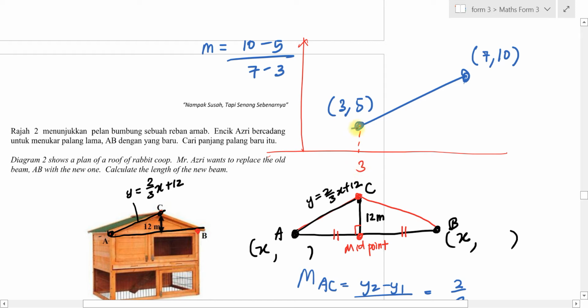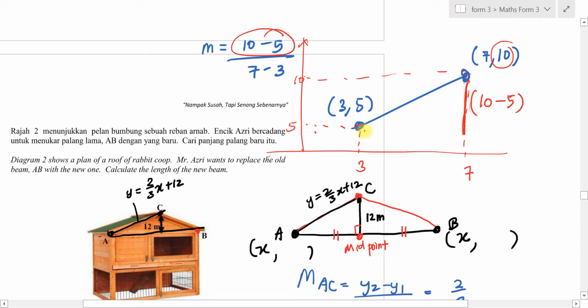This is 3, this is 5, this is 10, this is 7. So gradient means 10 minus 5 first, this one 10, this one 5, so this is the distance 10 minus 5.